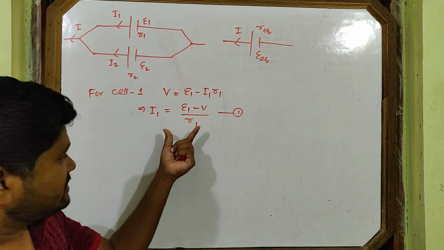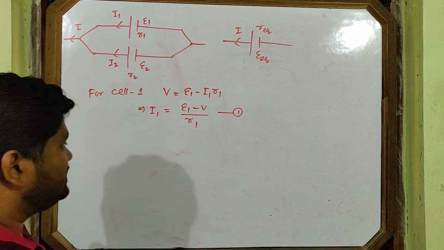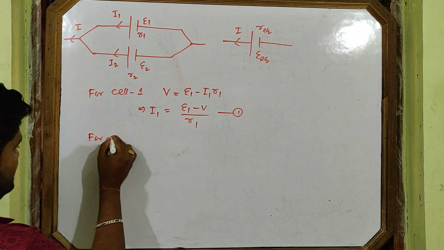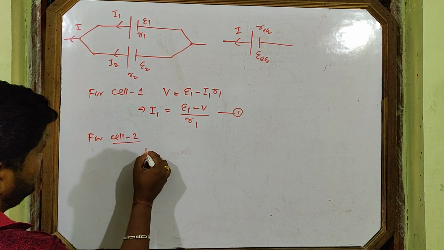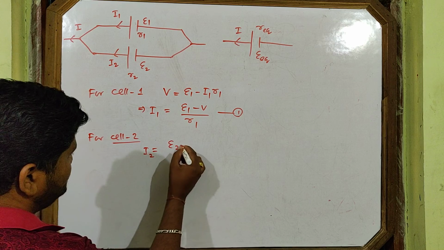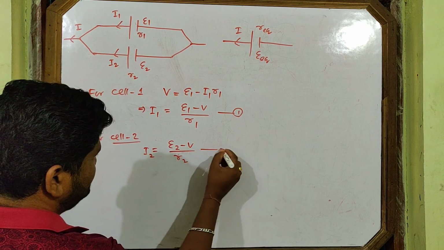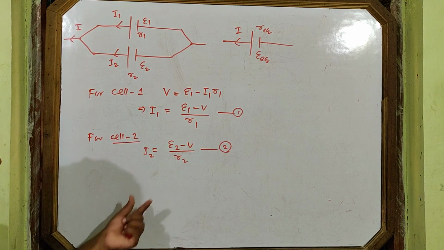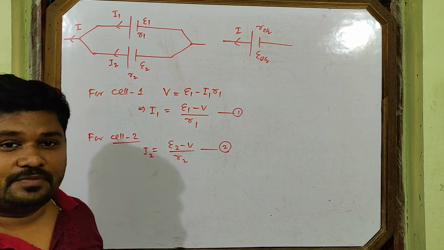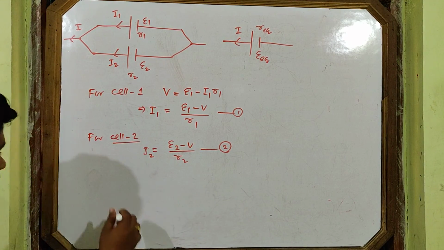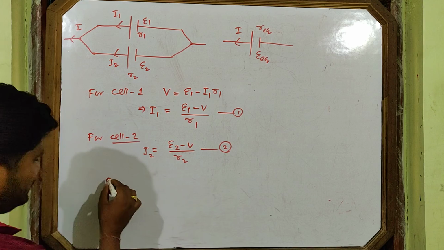Similarly for cell 2, I2 equal to E2 minus V by R2. This is for cell 2.